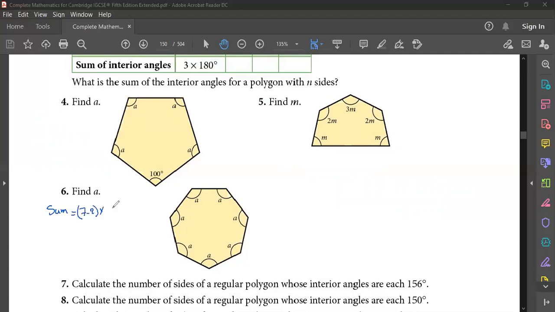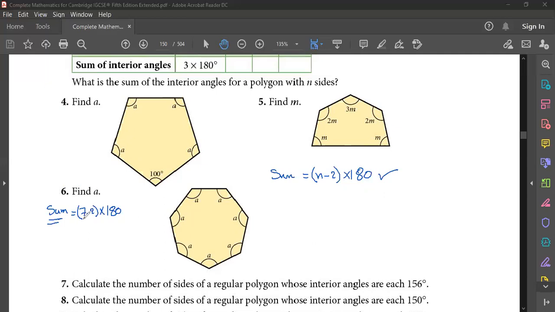How do we calculate the sum of the interior angles? What is the rule? The sum of all interior angles is given by this rule: n minus 2 times 180.